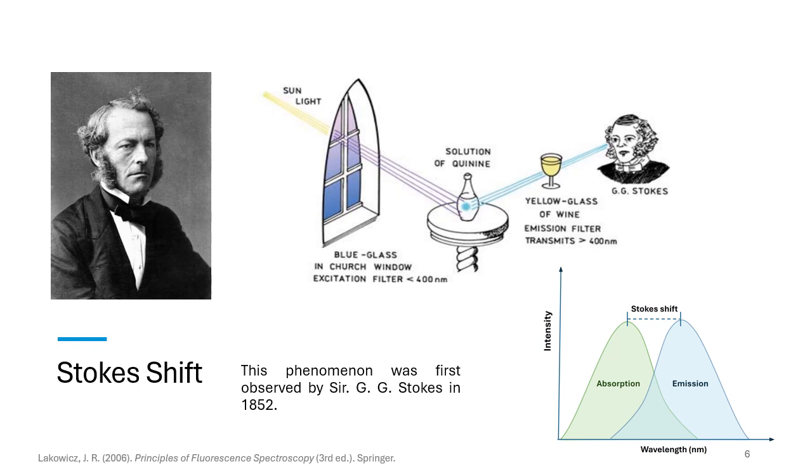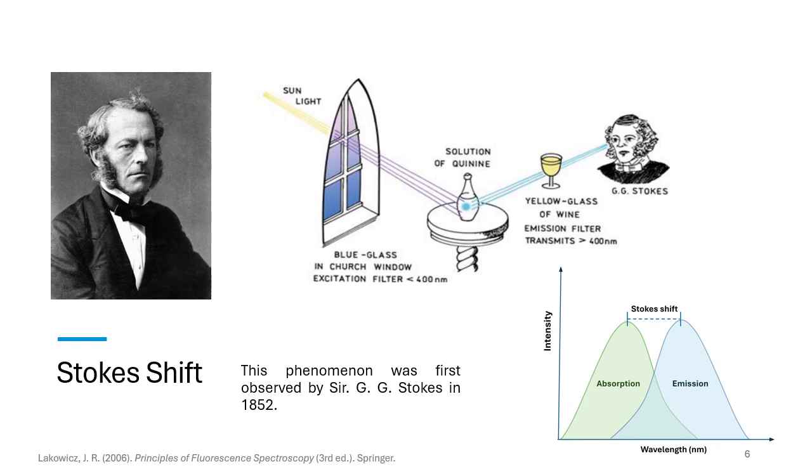This window selectively transmitted light below 400 nanometer, which was absorbed by the sample, quinine. The incident light was then prevented from reaching the detector by a yellow glass, which was actually a glass of wine. Now quinine fluorescence occurs at 450 nanometer and was visible to Sir J.J. Stokes.